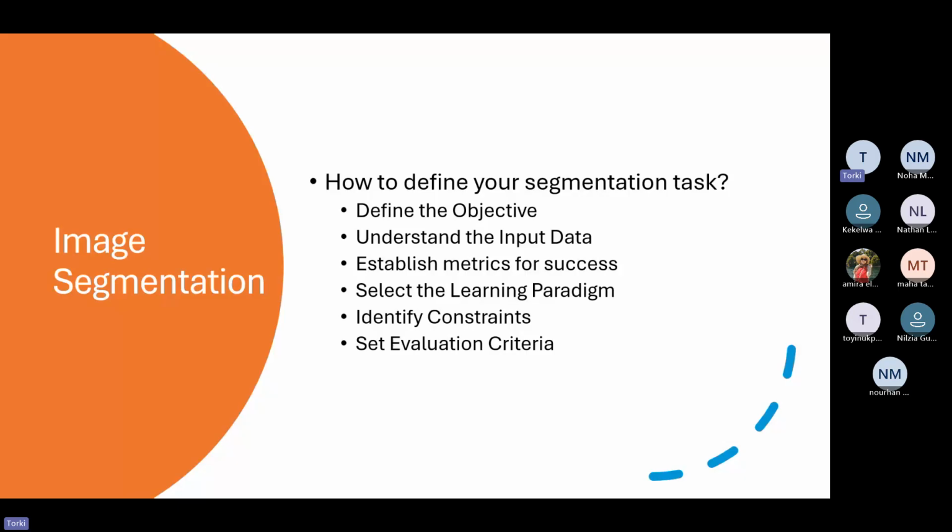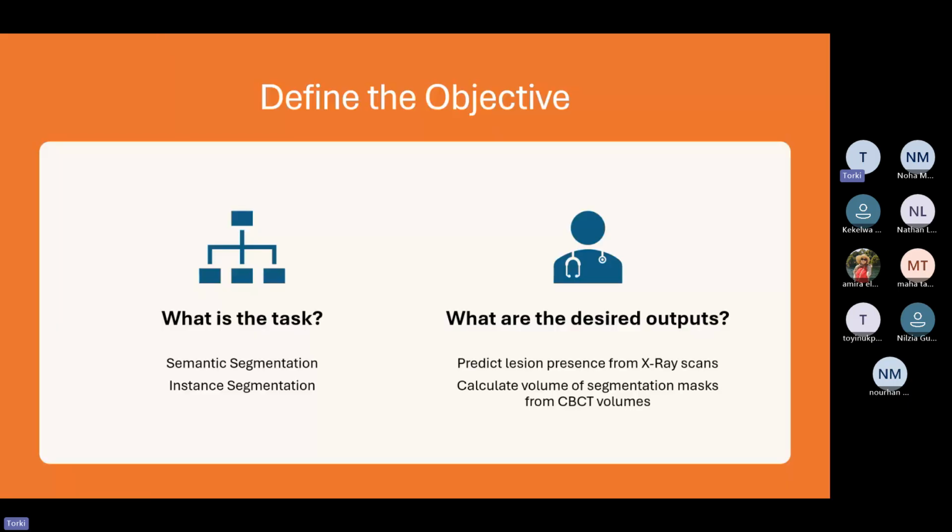What is image segmentation and how does it fit AI case studies in dentistry? So what is the task? We'll define two tasks. We'll define something called semantic segmentation, and I will give you an explanation of what is meant by semantic segmentation and what is instance segmentation. These are the tasks. And what are the desired outputs? It depends on the task at hand.